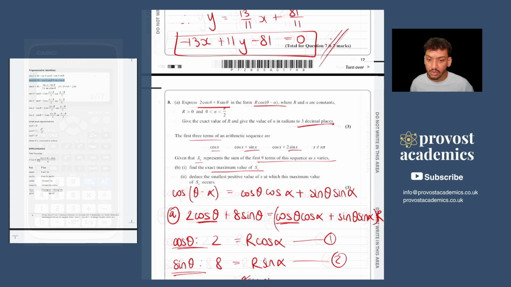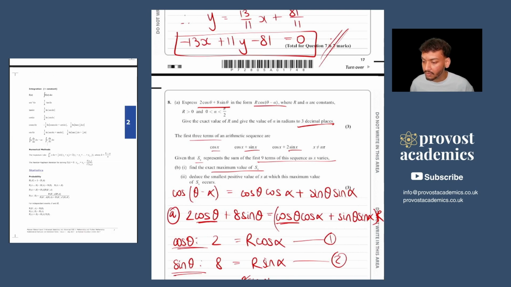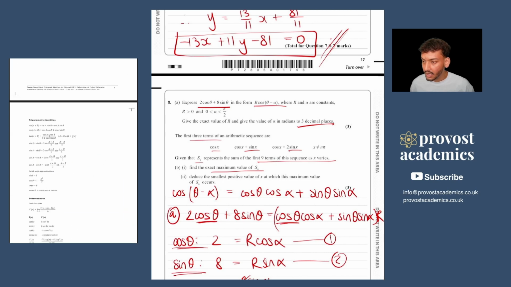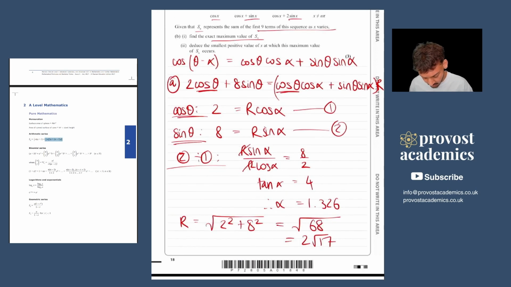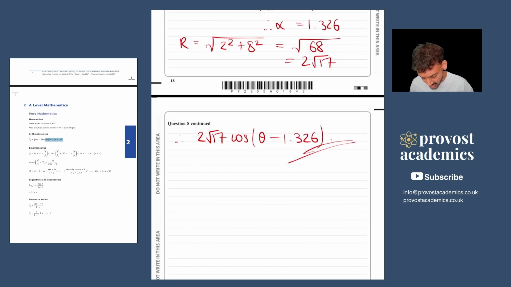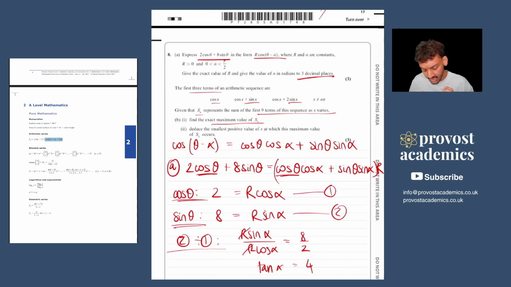So at this point, I want to switch over to the formula booklet, because you should be given the formula for summation. There you go, arithmetic series, that's the formula, and I'm going to use this one. So the plan that I have is, if I use the summation formula that I know, I get an expression for the sum of the first 9 terms.